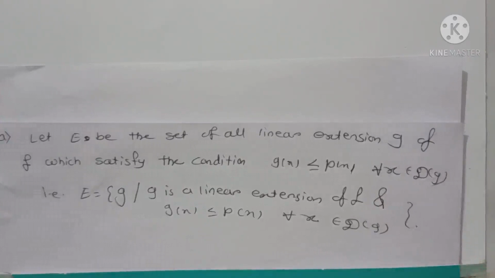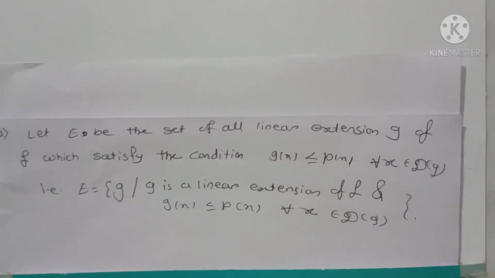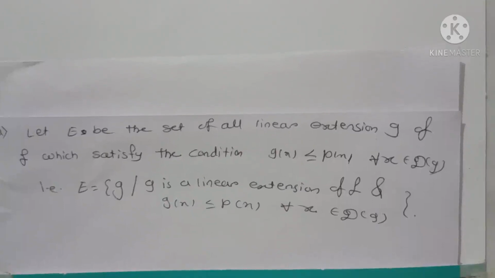Now we show that this set E is partially ordered, and we have to show that this set E has a maximal element.